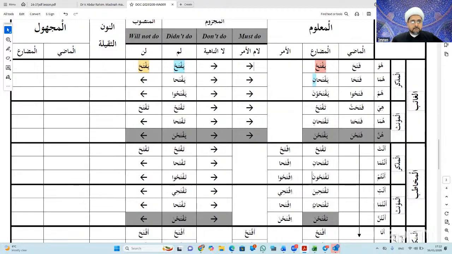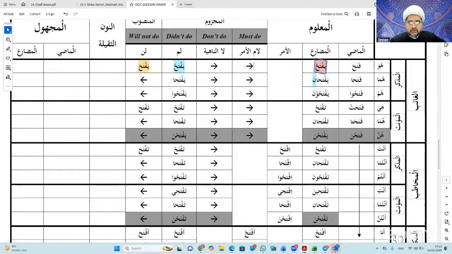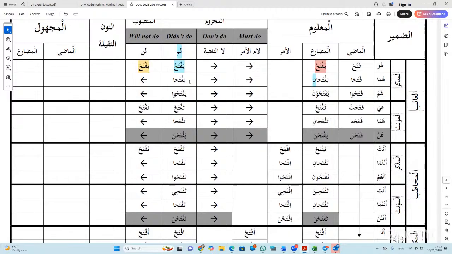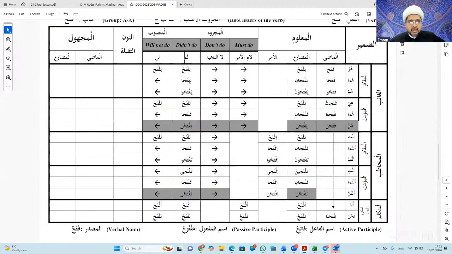But what does yaftahu mean, everyone? To open. Yaftahu, he is opening. Now, when lam comes, what comes? Whenever lam comes in the Arabic language, see this?